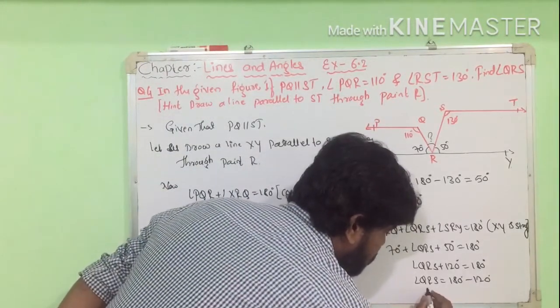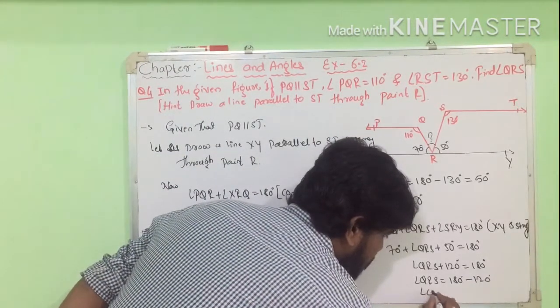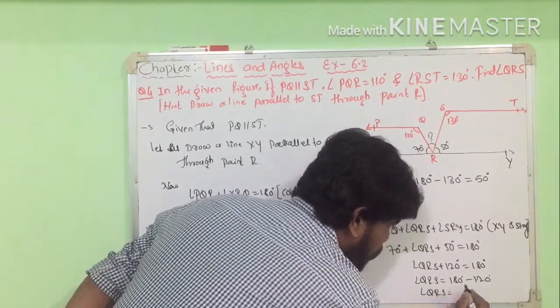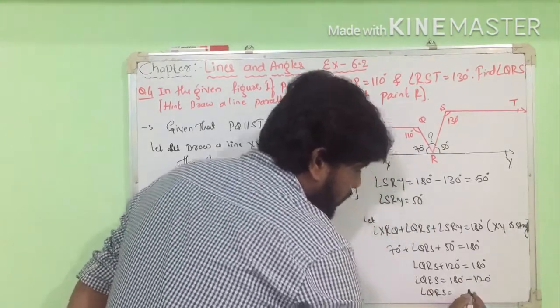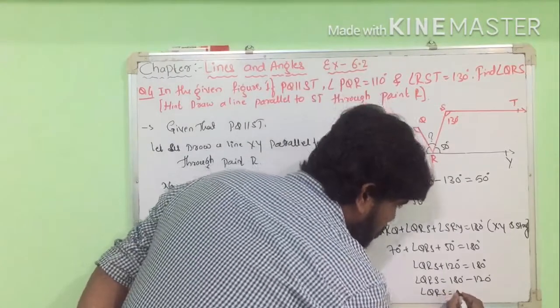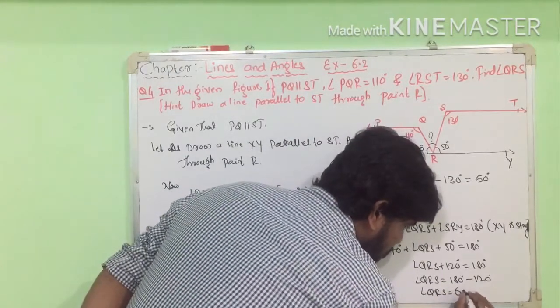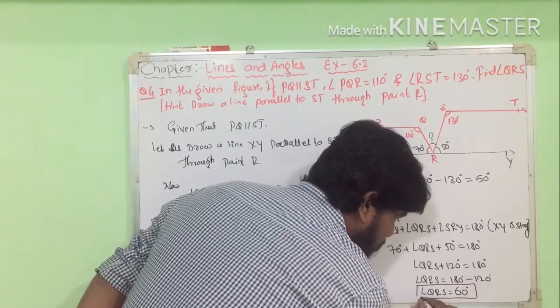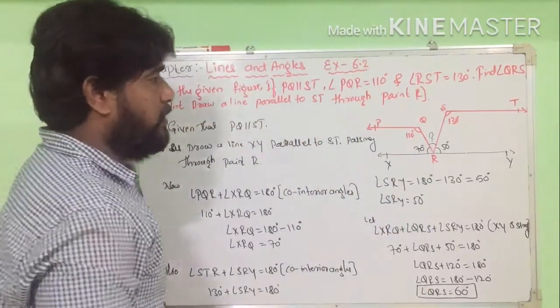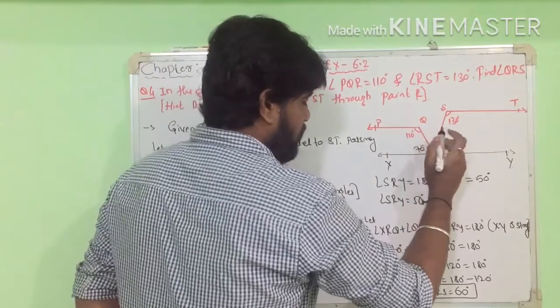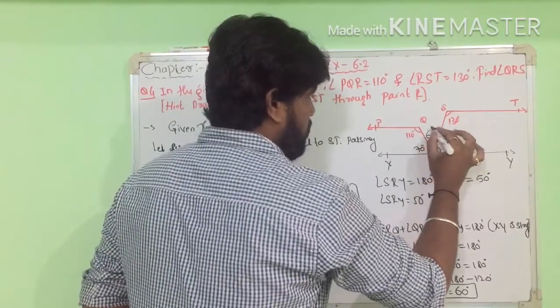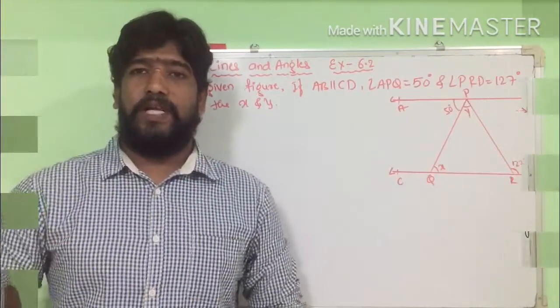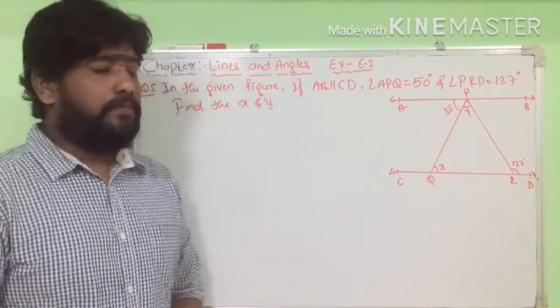So angle QRS is equal to, making this minus, we got 60. Is it clear? So this angle is 60.